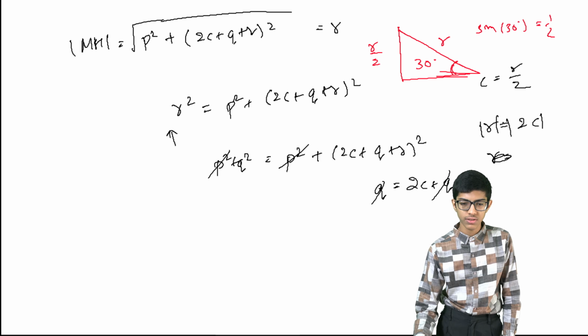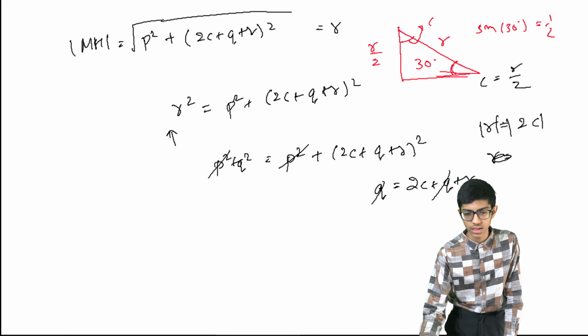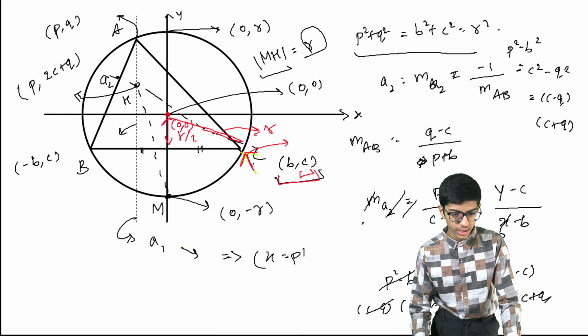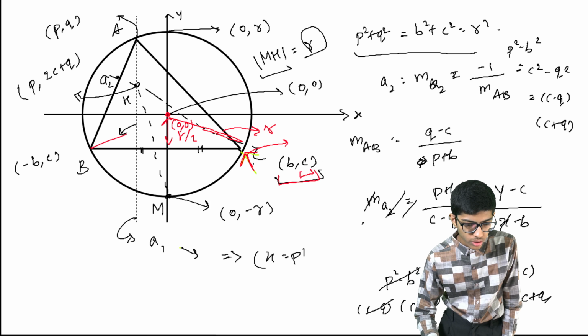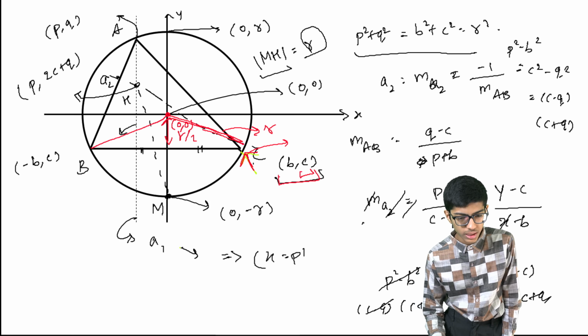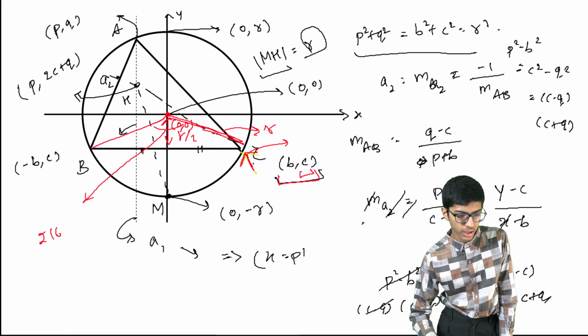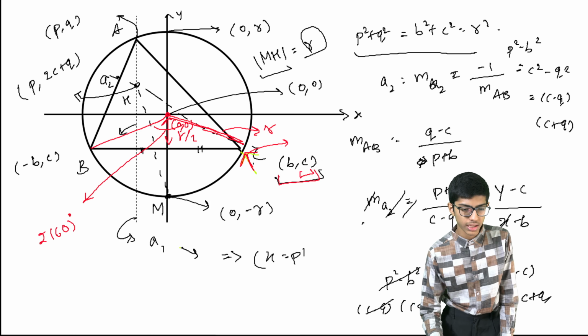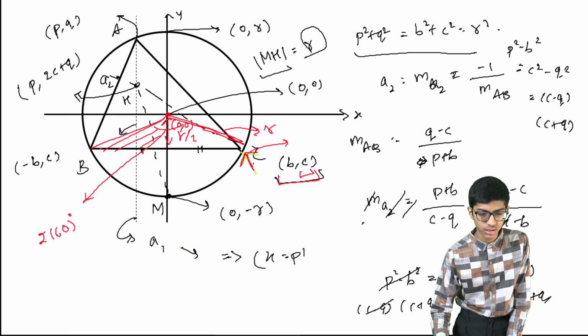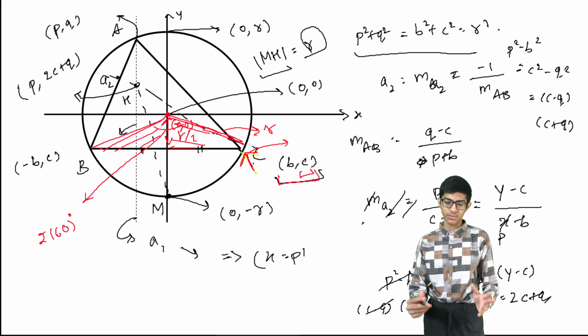Since this angle equals 30 degrees, then we have this angle equal to 60 degrees, and hence the arc BC subtends a total angle of 2 times 60 degrees, as these two triangles are congruent.